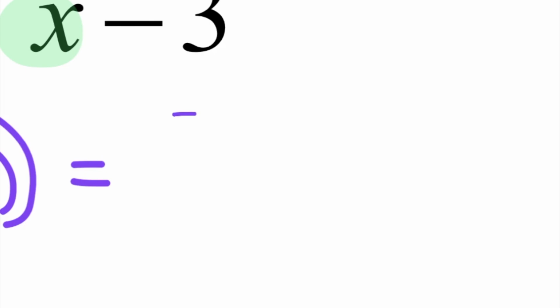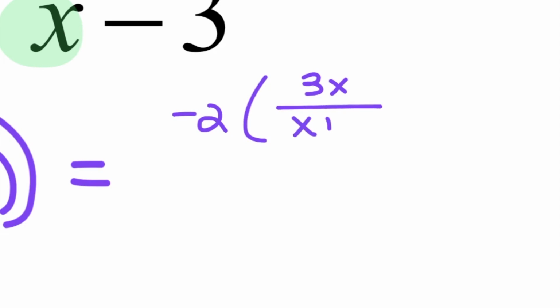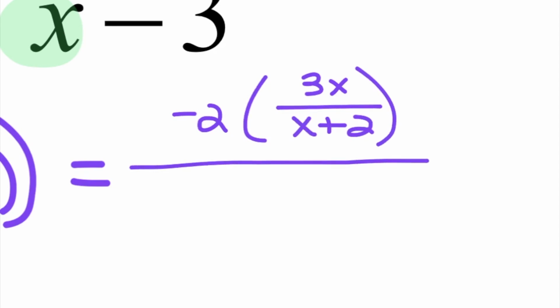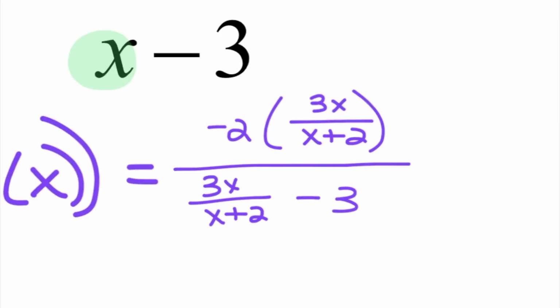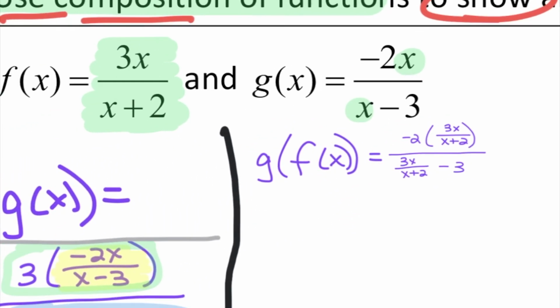Negative 2 times 3x over x plus 2, all over, and then f again is 3x over x plus 2, and then minus 3. So what I did there was I put the function f of x here and here.